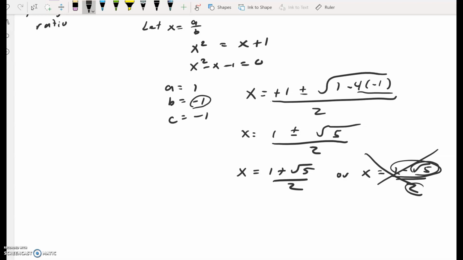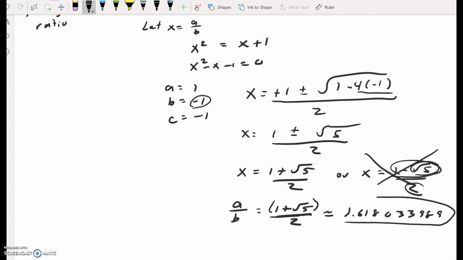And so x, we're going to replace x with what it equals, a over b, is 1 plus the square root of 5 over 2. So on my calculator, I did this quantity divided by 2 and got approximately this number. That is called the golden ratio.